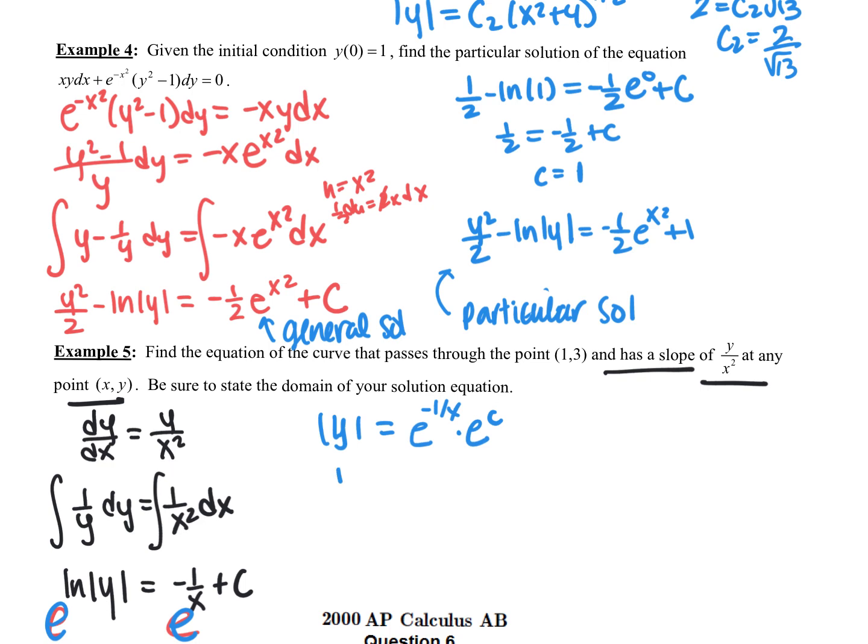And so you'll have y is equal to some constant times e to the negative 1 over x. Once you have your general form, this is now your general solution because you've solved for y. Go ahead and plug in your x and y values now and find c if you haven't already done that.